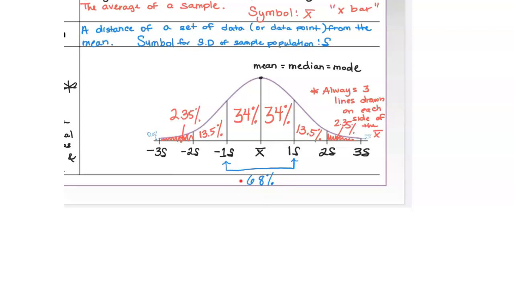So 68% of our data lies within one standard deviation of our mean, is what we call this. So that's one standard deviation to the right, as well as one standard deviation to the left. This whole space represents 68%. Okay, and we would again call that one standard deviation.